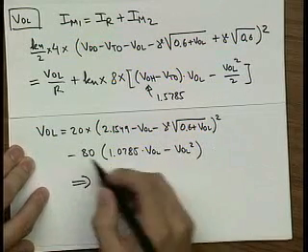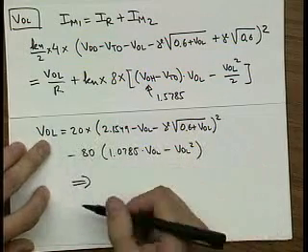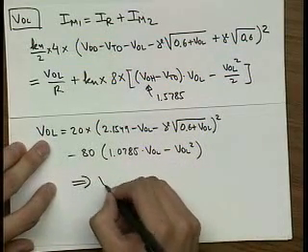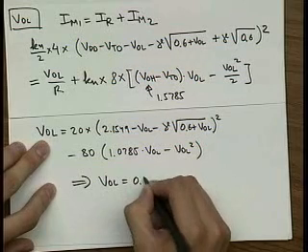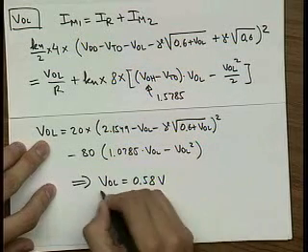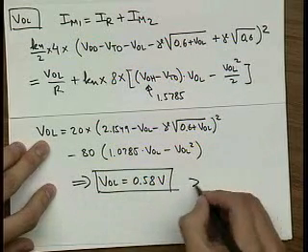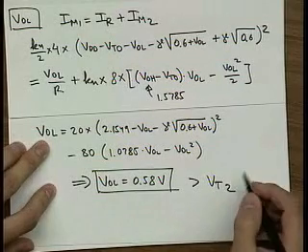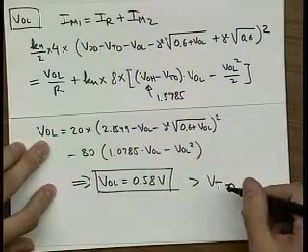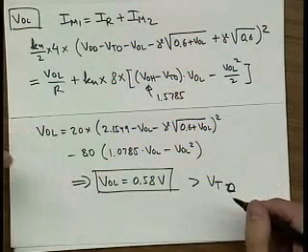And then you obtain from here, using the same methodology, VOL is equal to 0.58 volts. And that is now greater than VT0, which is the VT of this M2 transistor.